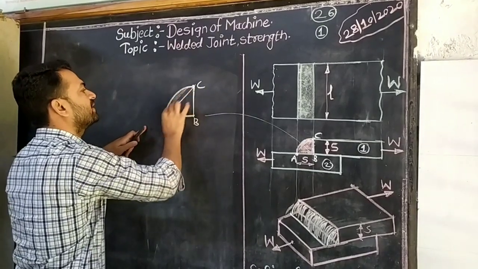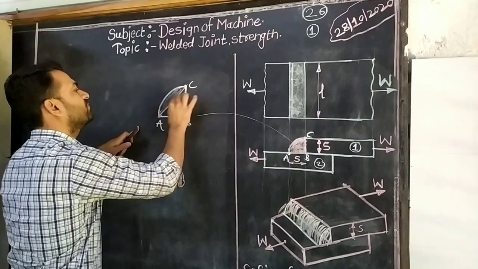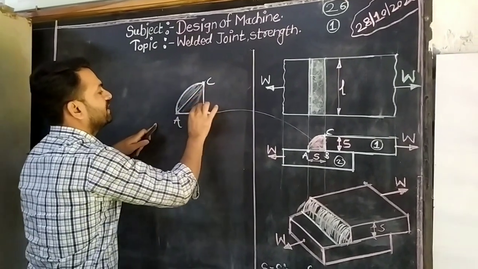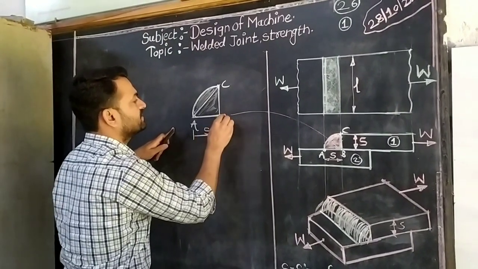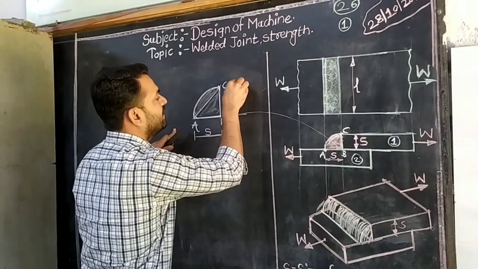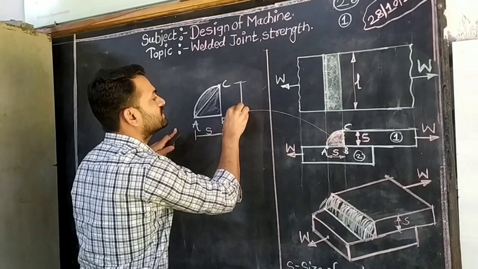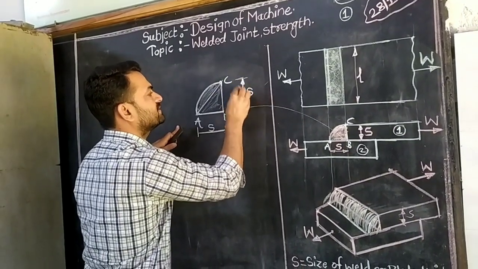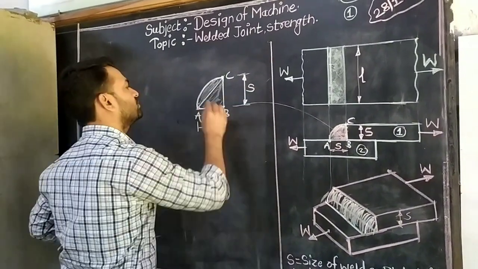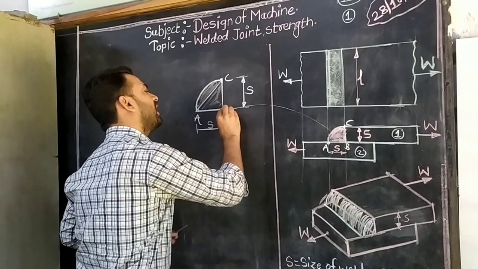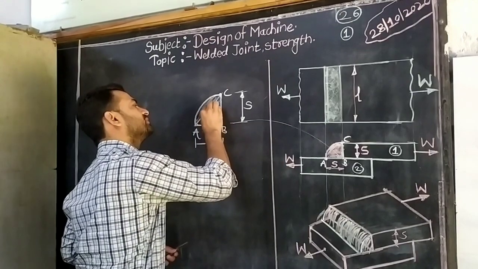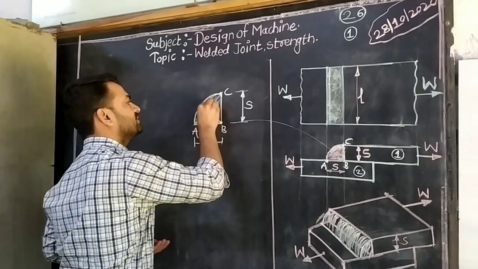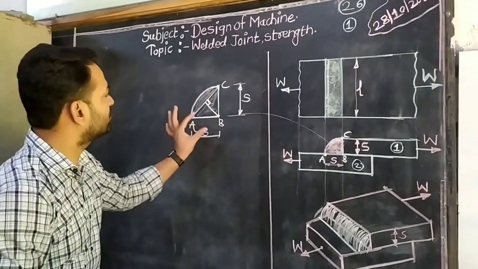This portion is called the reinforcement portion. You see here this is S, the leg size. Throat thickness we can find out after drawing one line up to here. This is a perpendicular line, and this is nothing but the throat thickness of the weld.